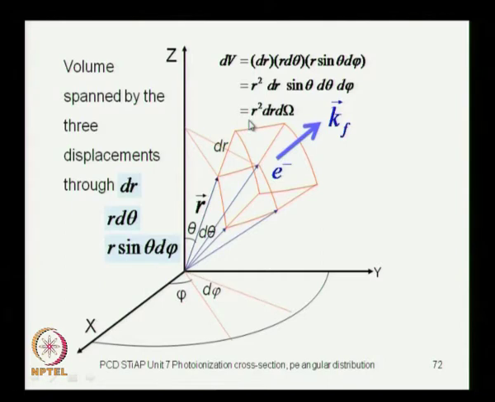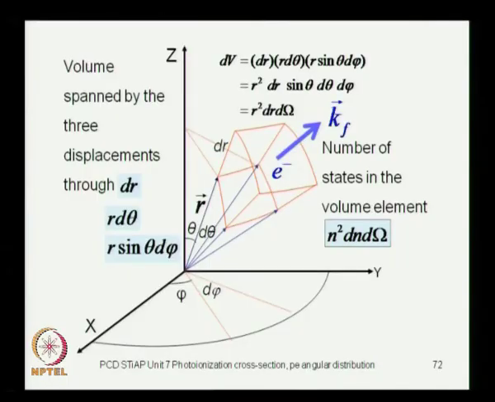Where n is a discrete number, not a continuous variable like distance, but for all practical purposes, because all of these points are very densely packed, you can treat it as a quasi-discrete parameter. So, the number of states which belong to this volume element will be not r square dr d omega, but n square dn d omega.